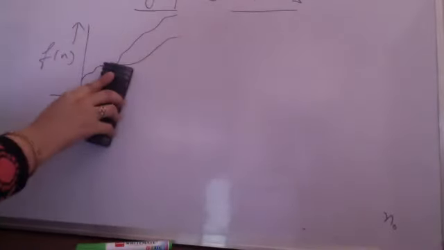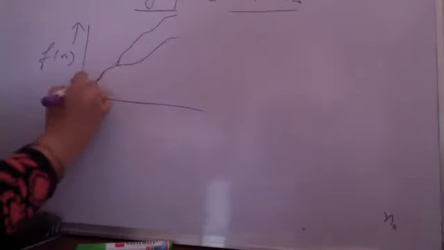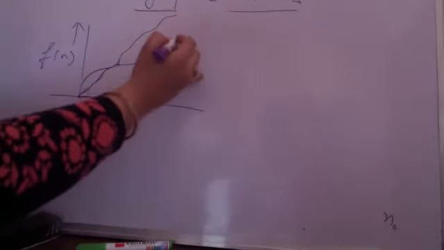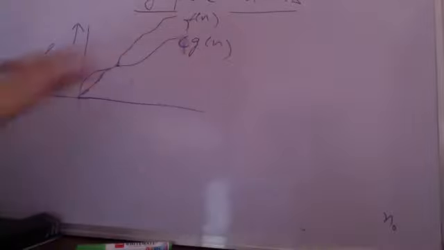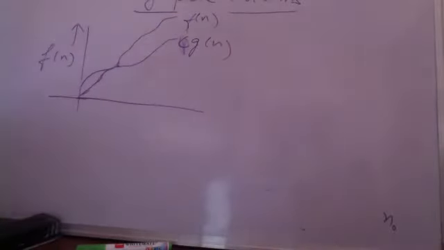When I am creating a lower bound or an omega bound on some function, say I am having some function f of n, and there is some function g of n which is multiplied by a constant c. This is always less than the given function.